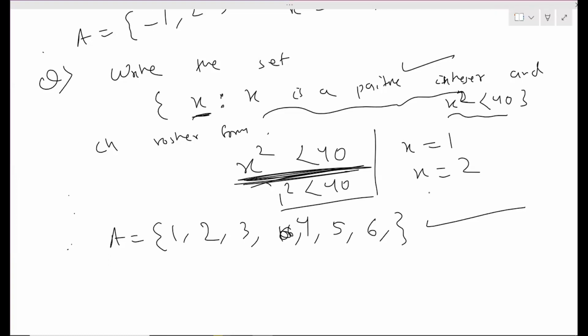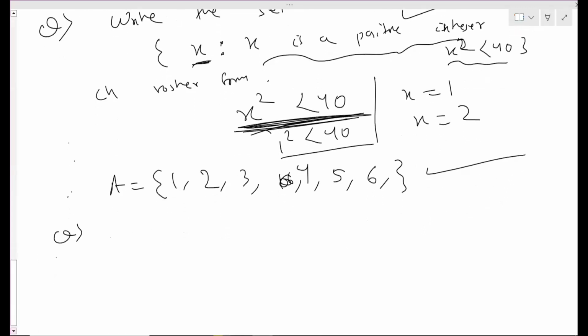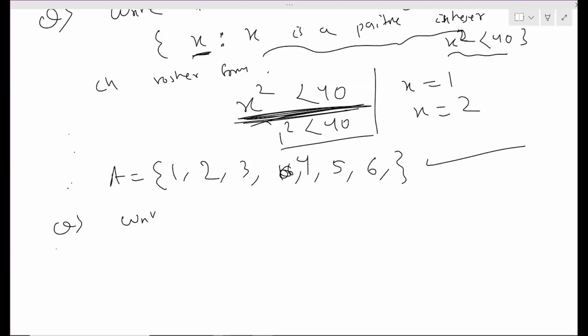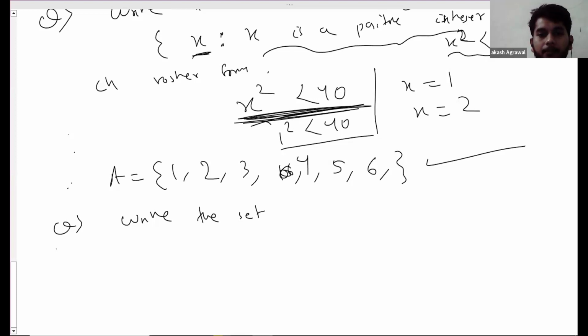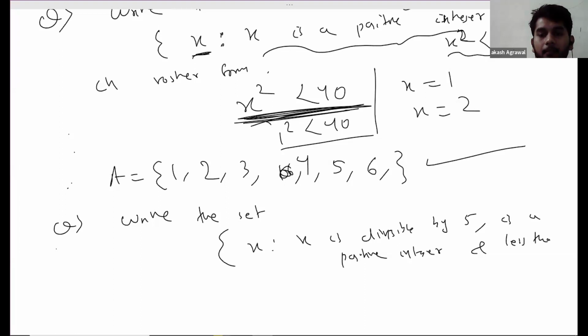Let's try another question. The set where x is such that x is divisible by 5, is a positive integer and less than 35.